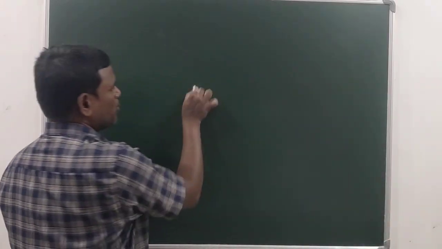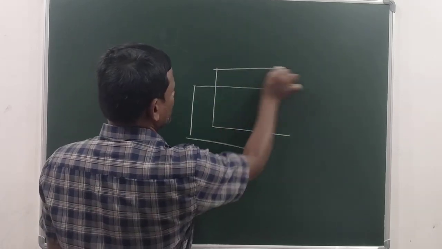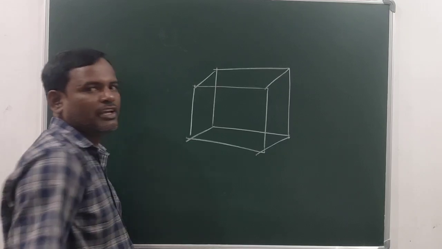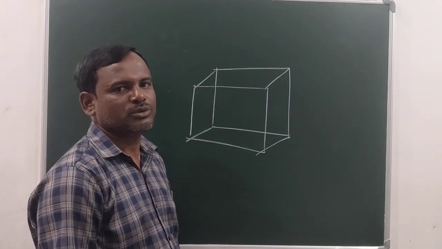See, you know a cube. In a cube, there are 4 diagonals, same like our classroom. In a cube, you can draw 4 diagonals. Okay, students.